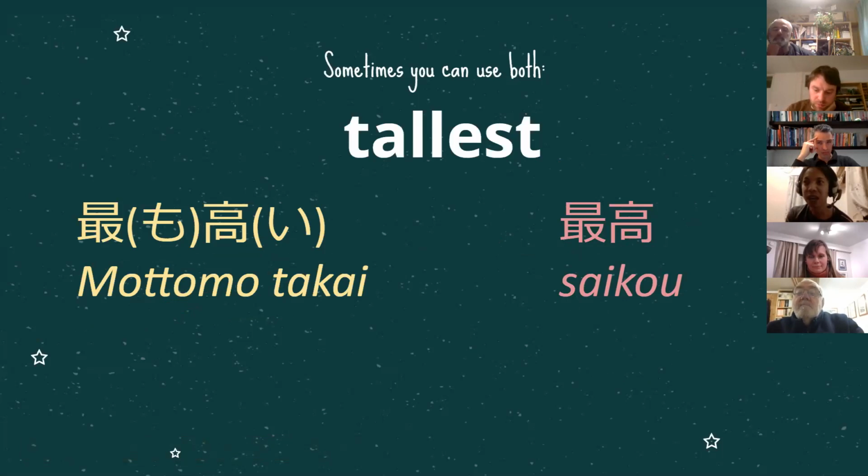So if I say Kim is the tallest person, Kim-san wa sei ga saiko desu. Or you can say Kim-san wa sei ga mottomo takai desu. So same meaning, same kanji, but different pronunciations.